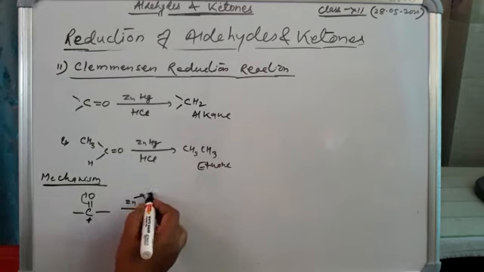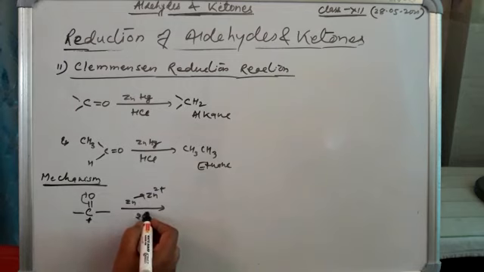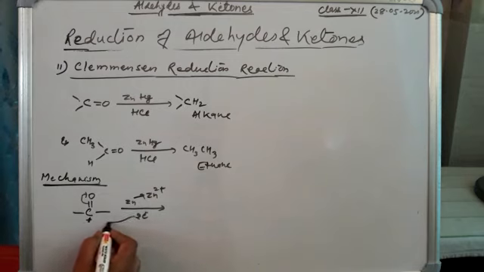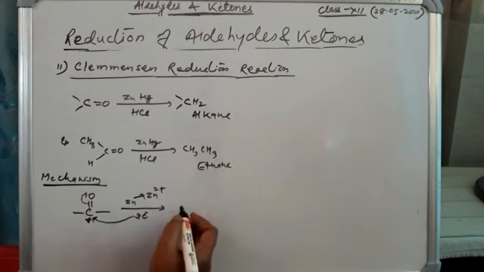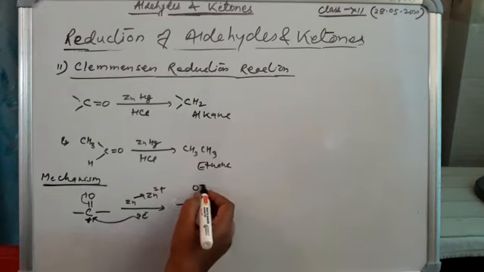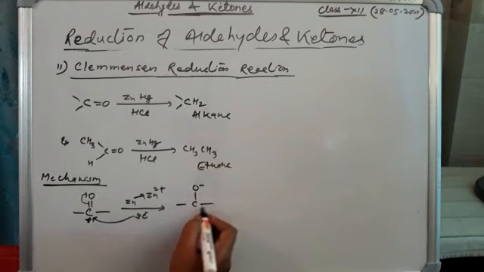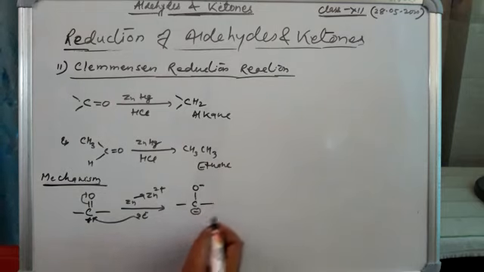When zinc changes into zinc 2+, it gives 2 electrons, and these two electrons are taken by carbon because the positive charge is created there. By taking 2 electrons, carbon becomes negatively charged.